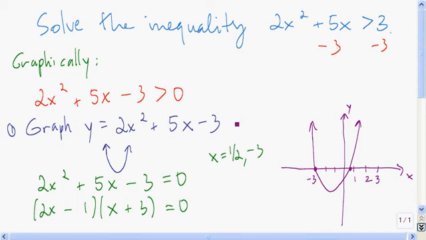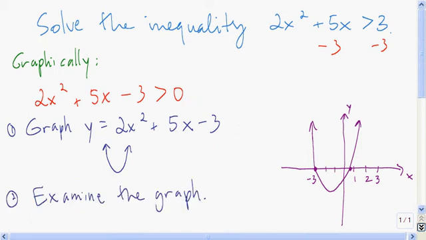Then the next step is to examine the graph to look for the x values for which the inequality is true. So we're looking for where 2x squared plus 5x minus 3 is greater than 0. Greater than 0 means positive. So we're looking for which x values make 2x squared plus 5x minus 3 a positive number.